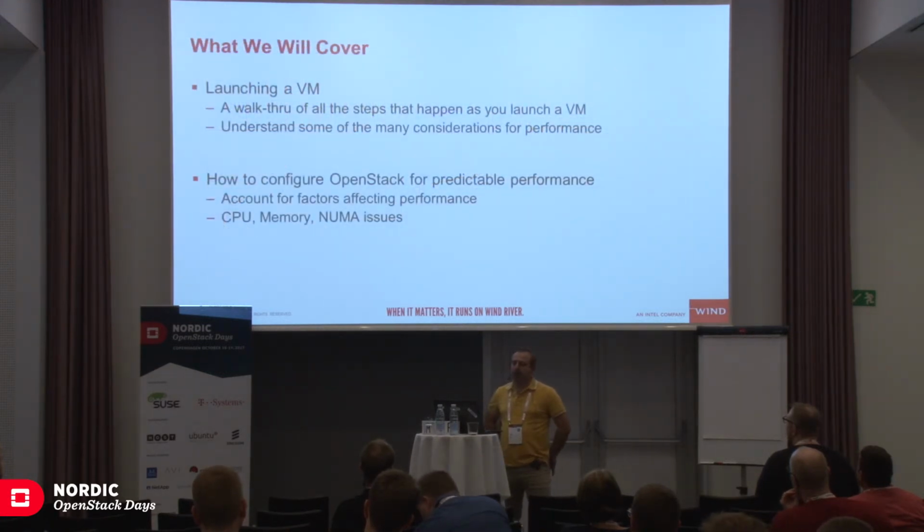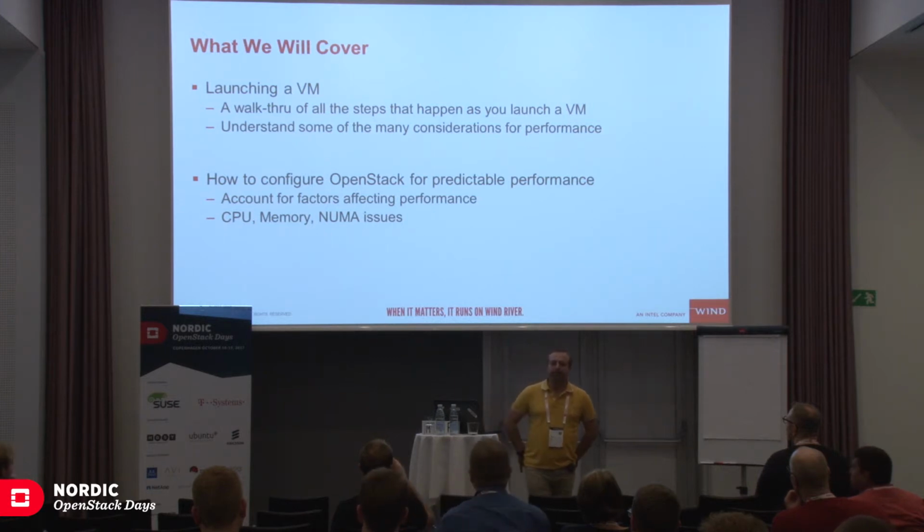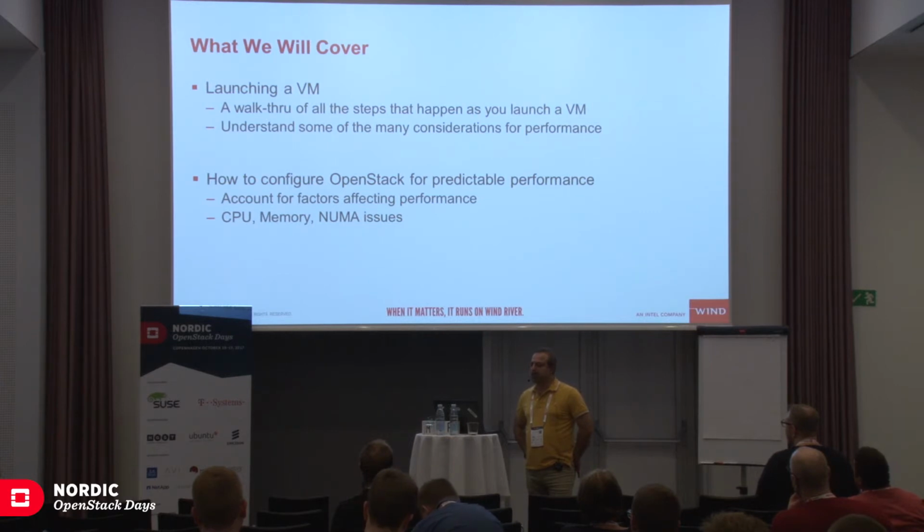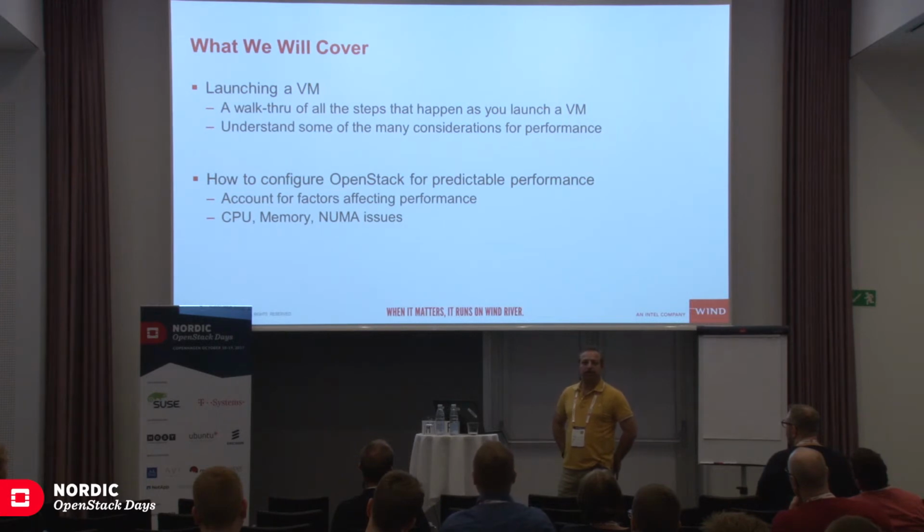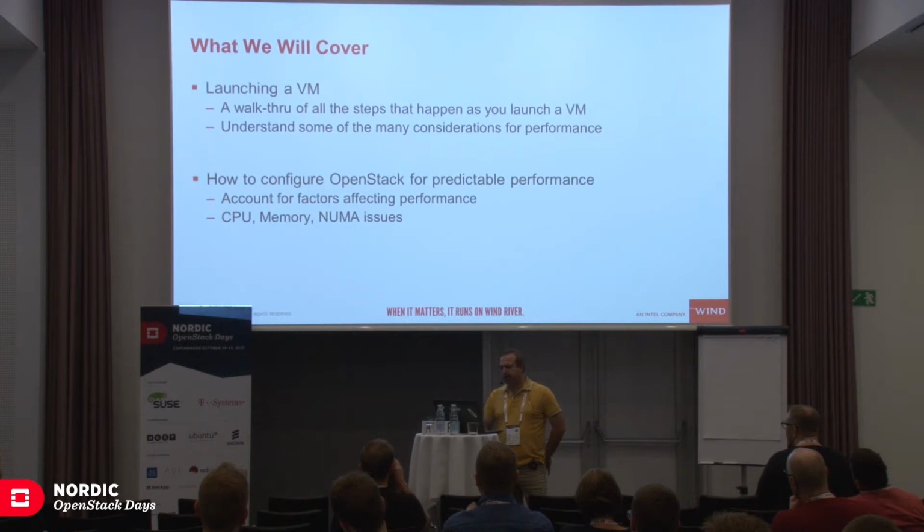I'm going to go through the steps that happen in OpenStack, which components we touch when launching a VM, and then the configuration steps: how we can configure OpenStack to get the best performance and low latency for those critical applications. There are a lot of configuration options to set the right values for your CPU, memory, and so on.